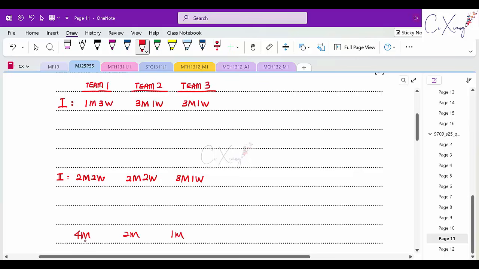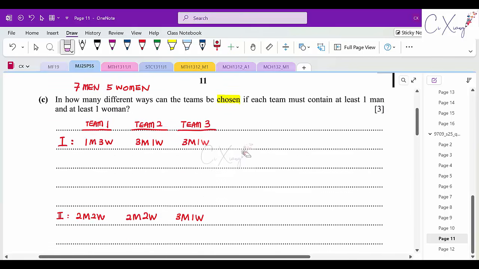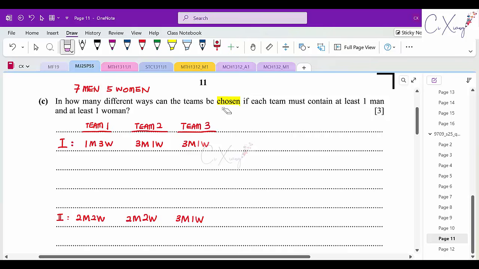So this doesn't fulfill the condition of the question, because the question is asking for at least 1 man and also at least 1 woman. So it is not in our consideration. And that's why from here we know that these are all the possible cases according to the question request.